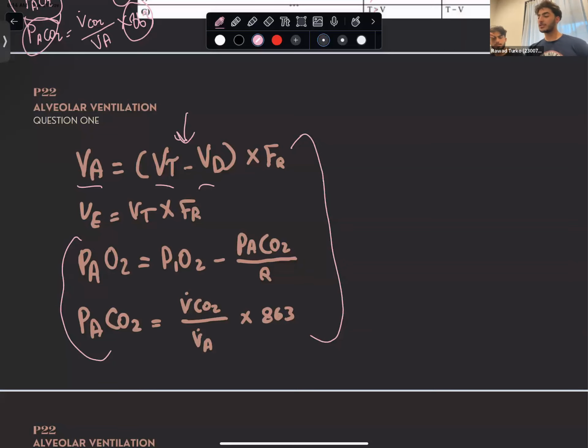By the way, was this the same lecture where they did the inspired PiO2 equation? Yeah. Okay, let's add this one too. I'm gonna add a fifth equation, which is inspired oxygen pressure. That's equal to the fraction of oxygen, but it depends on where you are. A person at sea level, 21%.